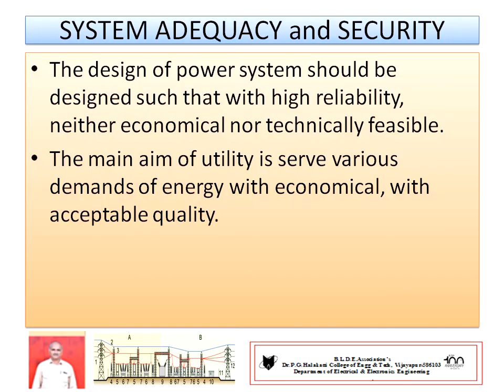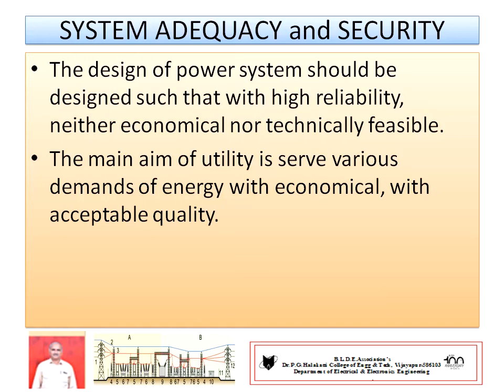The design of a power system should be such that it has high reliability, though this is neither economically nor technically feasible. Hence, all systems are designed with consideration of economy. In a few cases, as per the need of consumers, we have to go for higher reliability. Then economy becomes secondary.